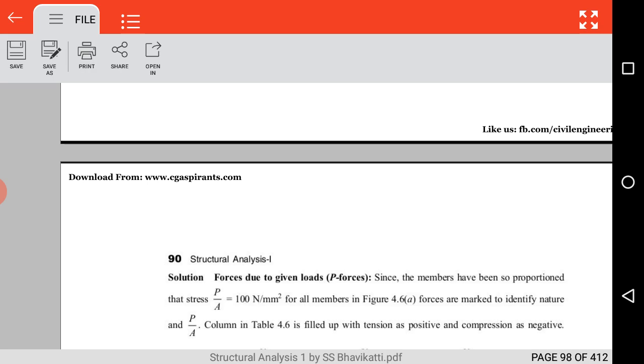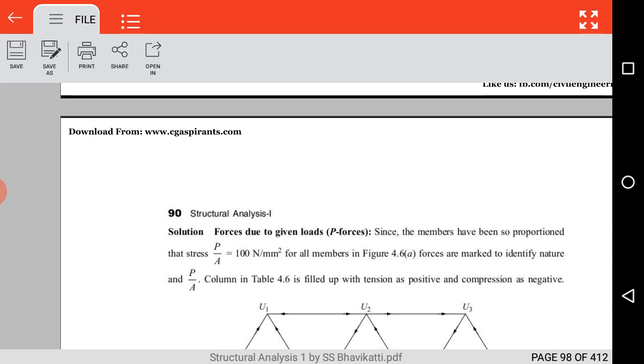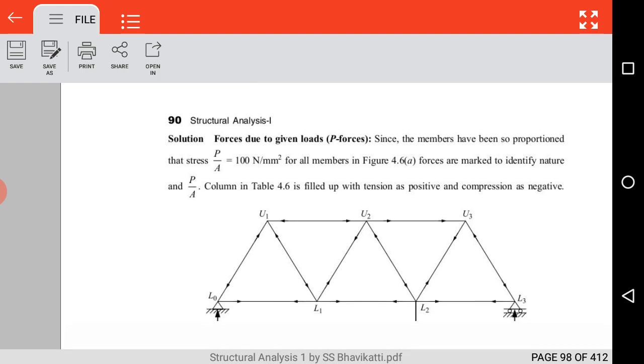Since the members have been so proportioned that the stress P upon A is equal to 100 Newton per mm square for all the members, forces are marked to identify the nature of P by A. So the column in the table 4.6 is filled up with the tensions as positive and compressions as negative.